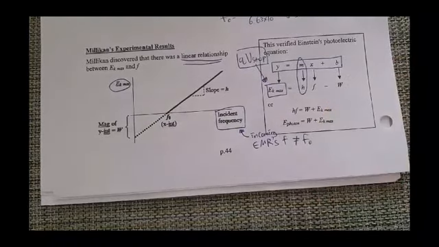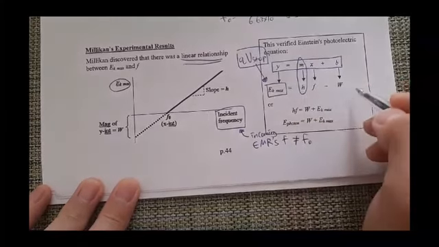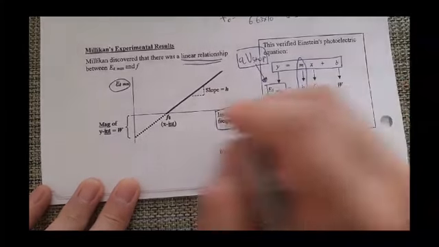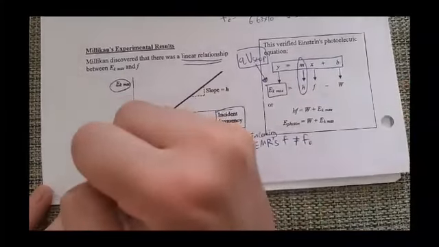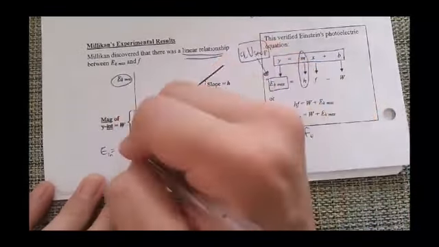So he found and basically rearranged, if you will, into EK is equal to hf minus W. The way this comes out, if you want to know, is incoming energy that is equal to W plus EK.